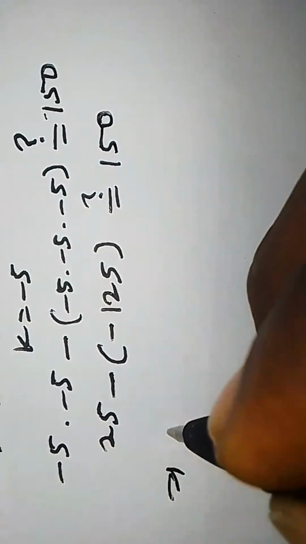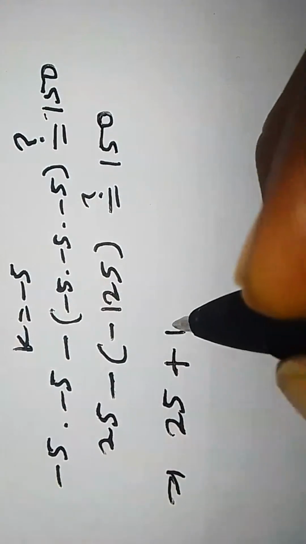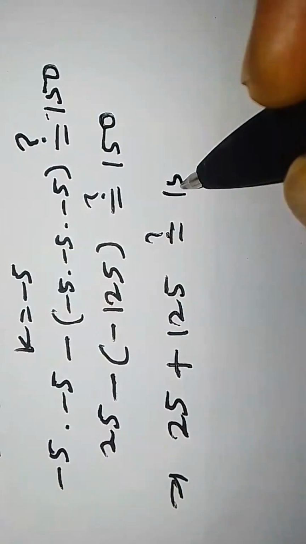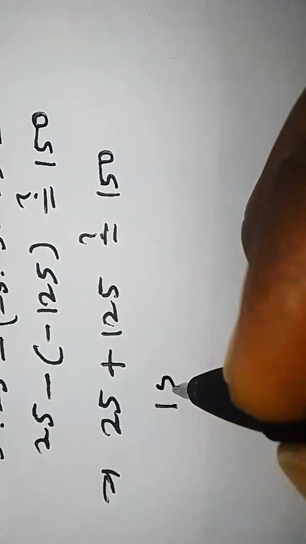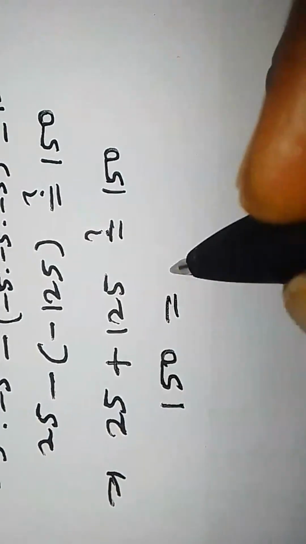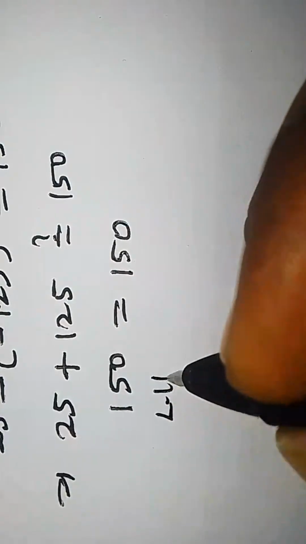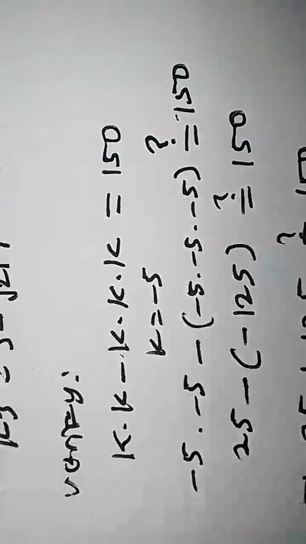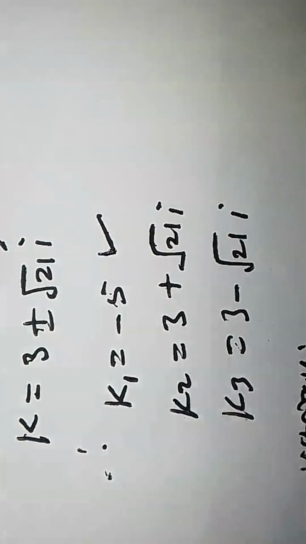This means that we have 25 minus times minus 25, that is plus 125 equal to 150. That's our claim. 25 plus 125, that is 150, equal to 150. You will see that the left hand side is equal to the right hand side. That means indeed the first solution is correct.